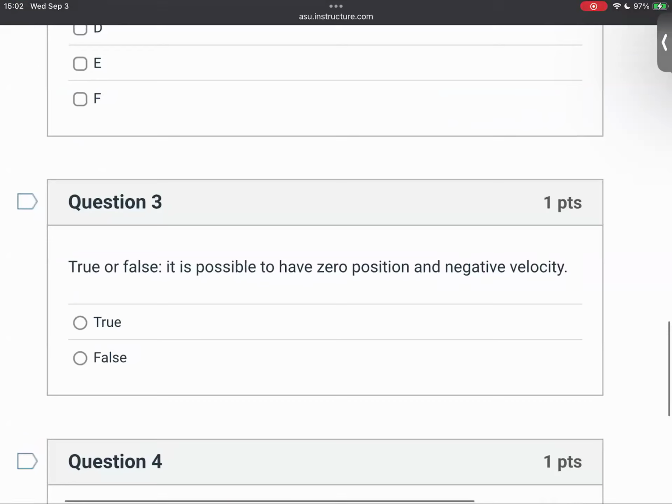True or false, it is possible to have zero position and negative velocity. Position tells you where you are relative to your defined origin. For instance, my favorite example for now, I'm going to define this tabletop as x equals 0. So here x is big positive, x is small positive. Here x is a small negative, big negative. Negative velocity means position is going down. Here's a negative velocity.